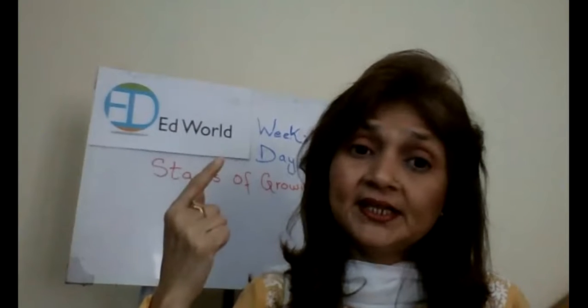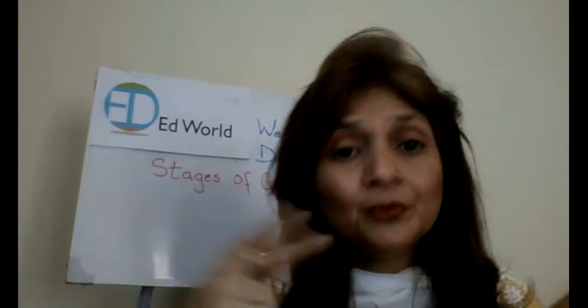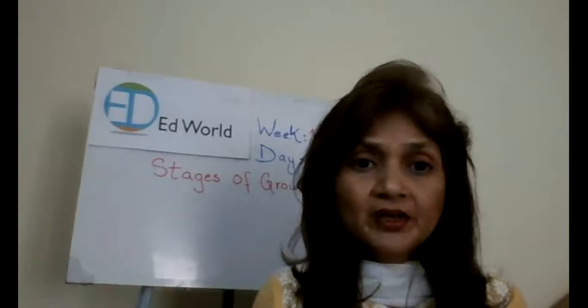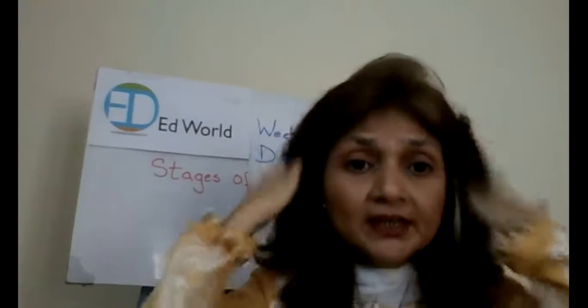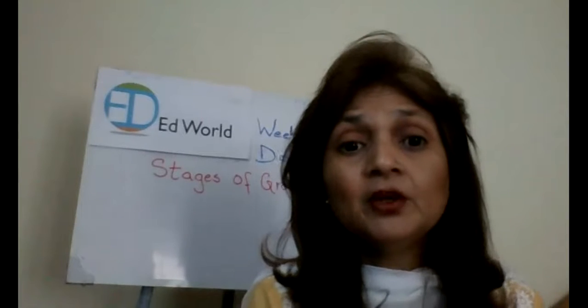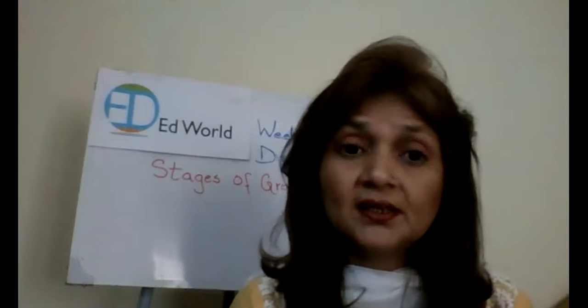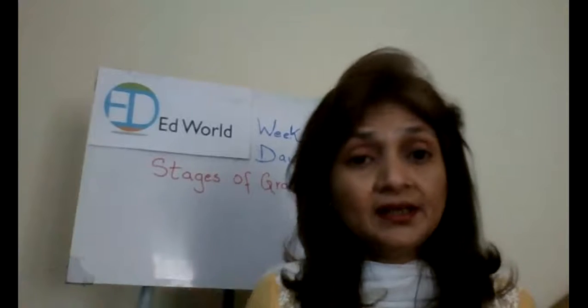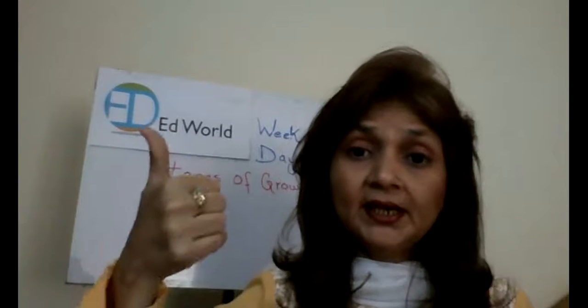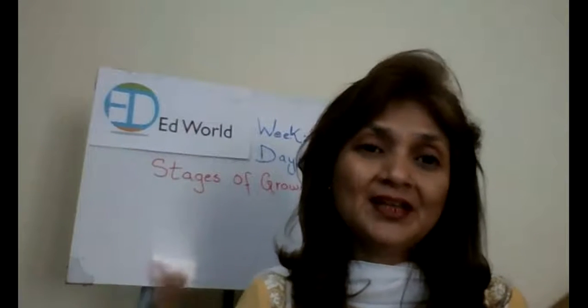And which is the next thing? Moving around. A baby cannot move around. So a baby needs your help to take the baby, to help the baby move around. So these are the two things where the baby needs your help: feeding and moving around.